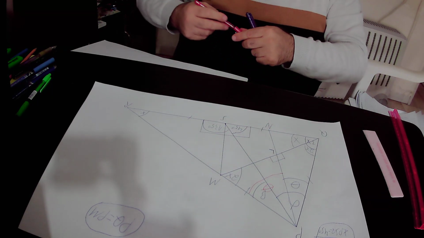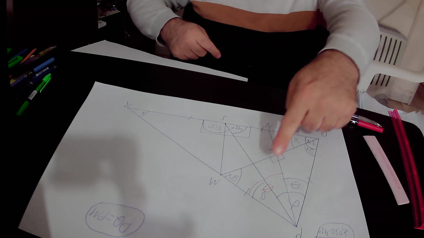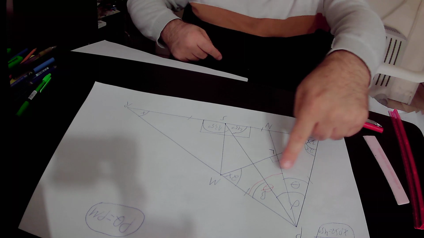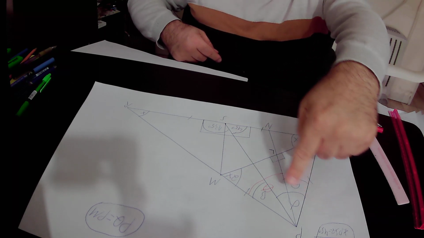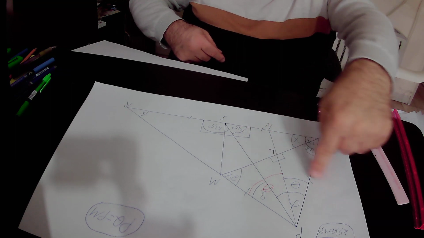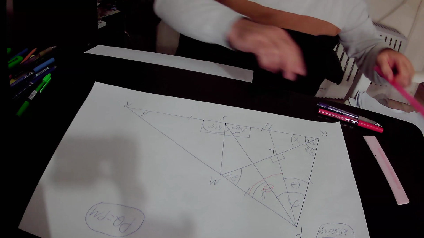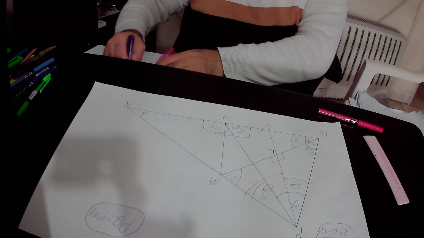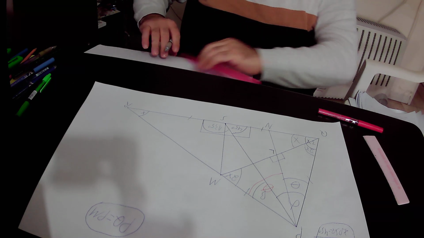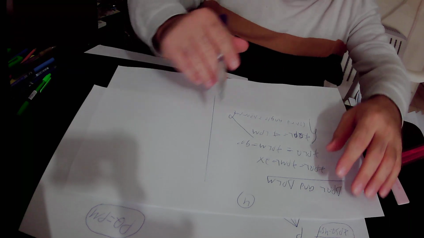And from the drawing you can easily see that theta plus theta, that is actually this angle, is equal to alpha plus beta, the same angle. Theta plus theta equals alpha plus beta.